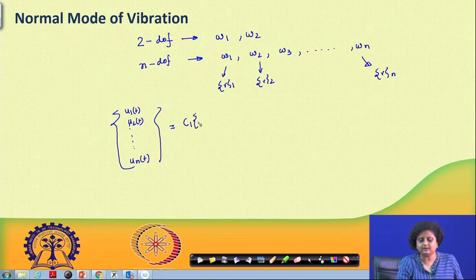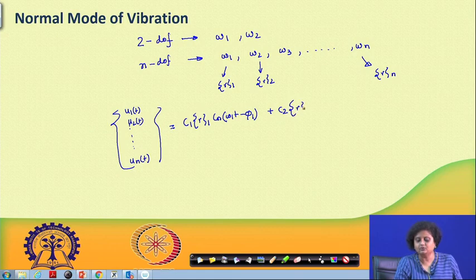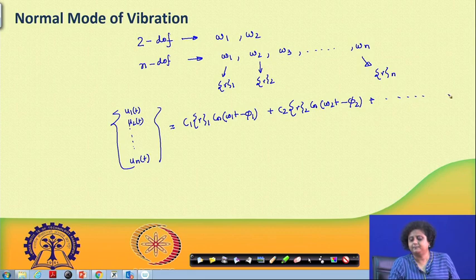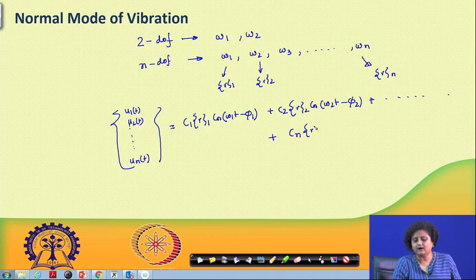C1 R1 into cos(omega 1 t minus phi 1), and then I will have C2 into R2 into cos(omega 2 t minus phi 2), and so on, plus Cn into Rn into cos(omega n t minus phi n).